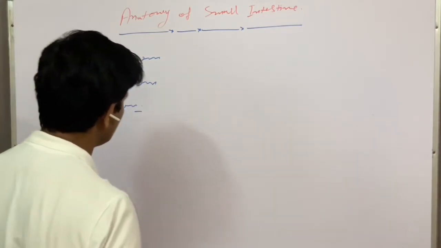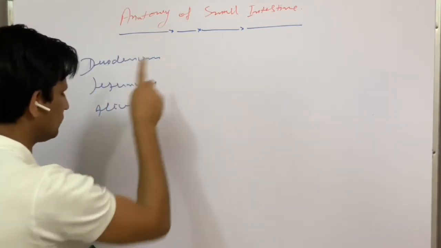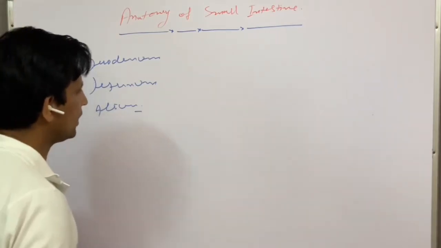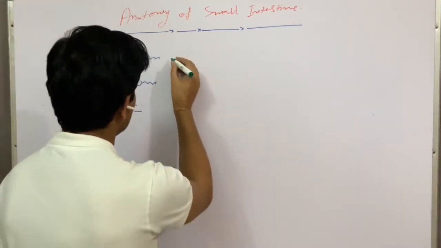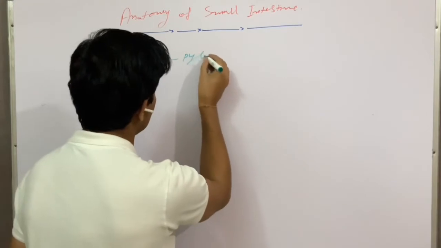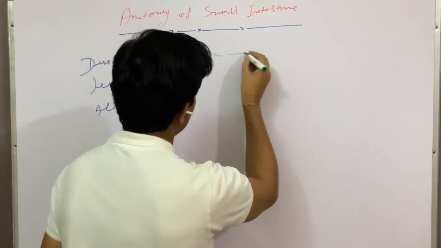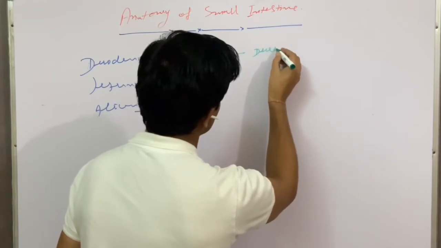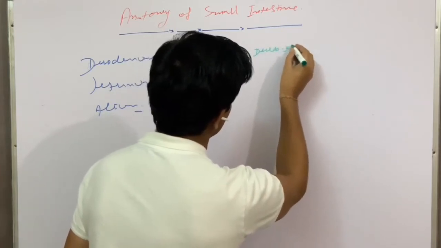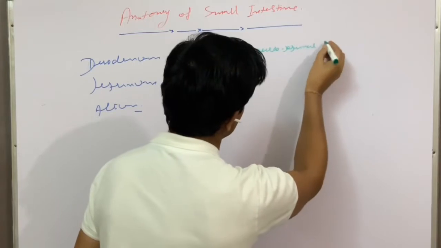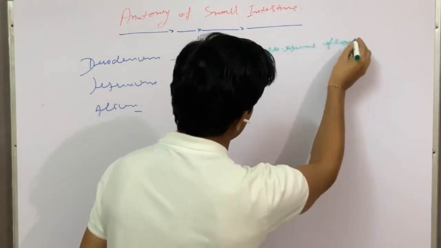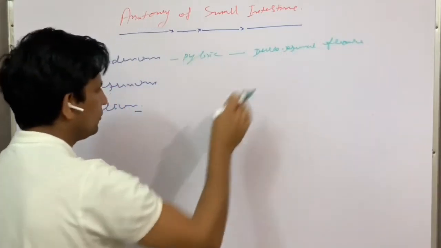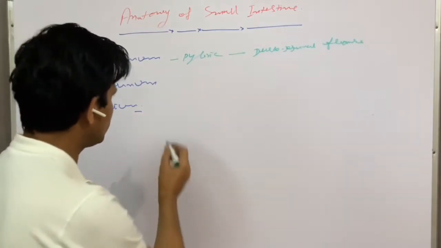The duodenum starts from the pyloric sphincter, as this is the first part, and extends to the duodenojejunal flexure. From the duodenojejunal flexure, the jejunum will start.